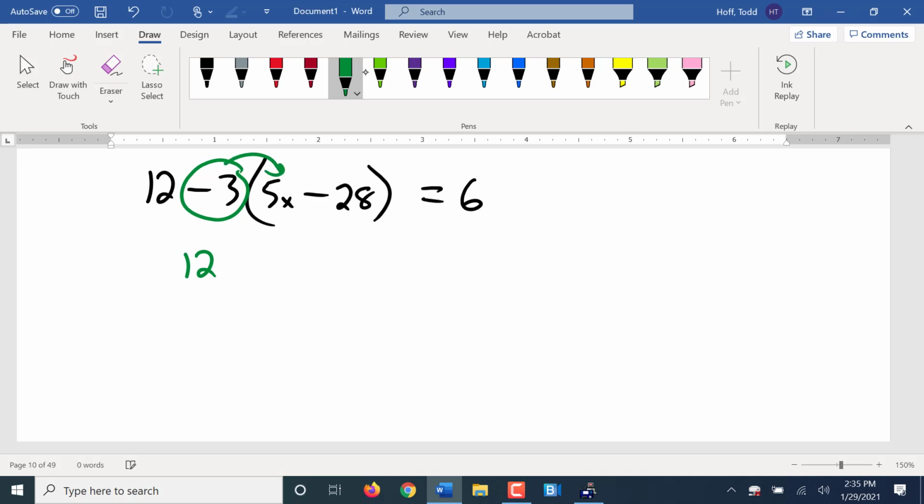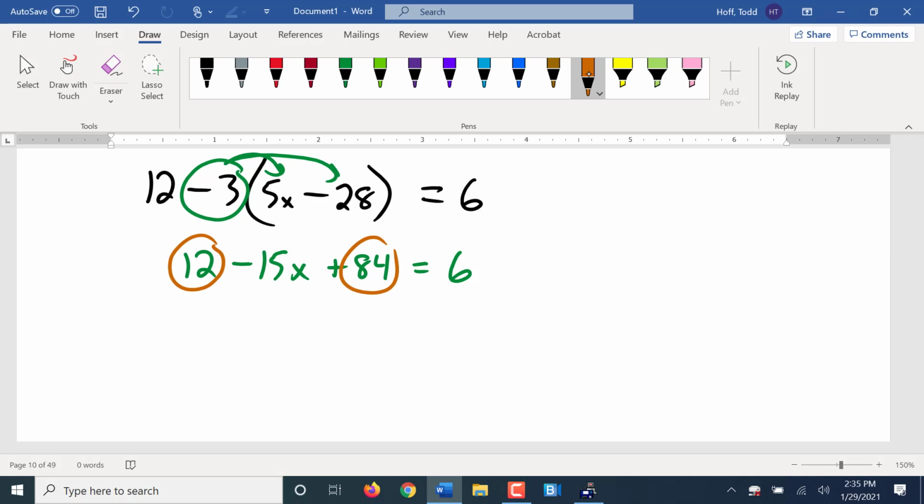We have negative 3 times 5x is negative 15x. Negative 3 times negative 28, positive 84. Are we done combining? No. 12 and 84 make 96, right? So we've got the negative 15x, and that's going to be a positive 96.